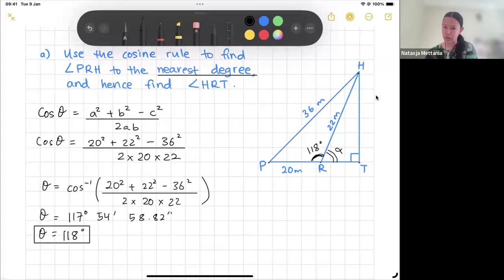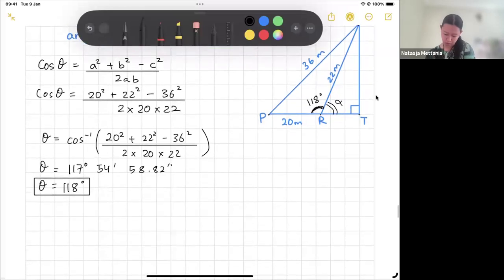If I want to find what angle HRT is, so alpha, all I'm going to do is the following. Look here. This is a straight line, isn't it? How many degrees is a straight line? 180.